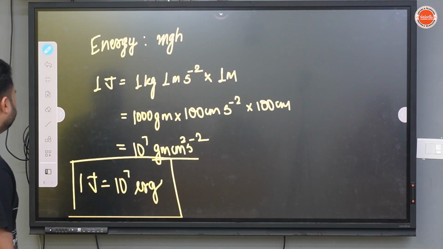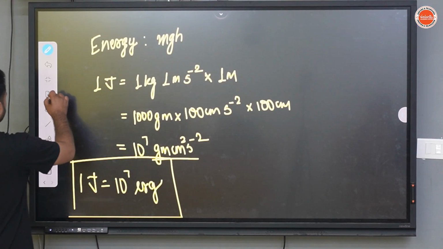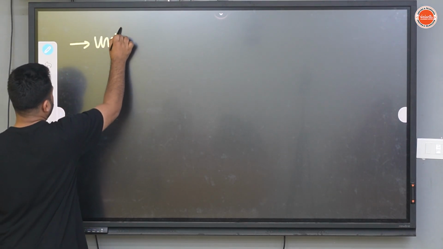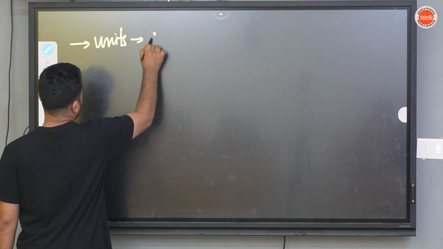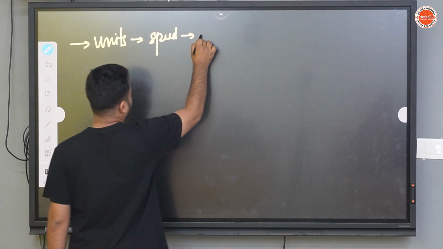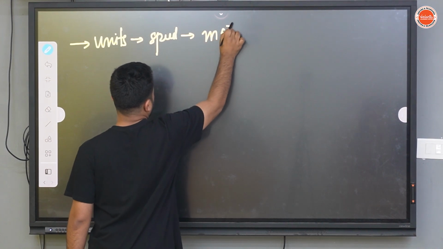Correct? See, you must be aware of units, SI units like this. Like for speed or velocity, what is the unit? Meter per second.